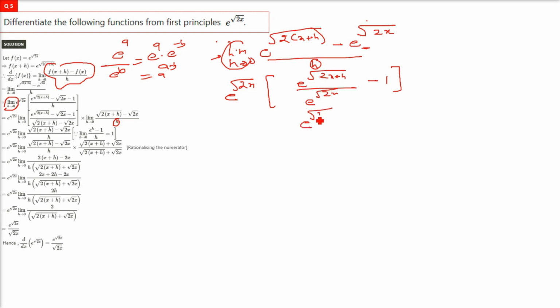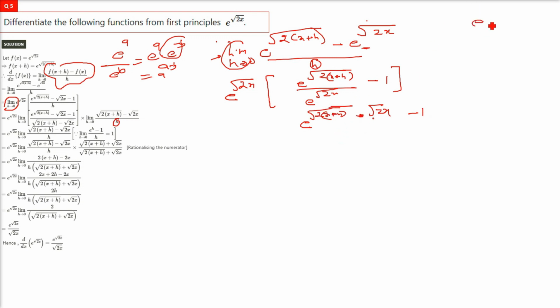This will be e raised under root 2x plus h, and this is not 2x plus h, it is 2 into x plus h. Okay, e raised under root 2(x plus h) minus under root 2x, and then you subtract it. So this subtraction is from under root 2(x plus h). Now this term minus 1.